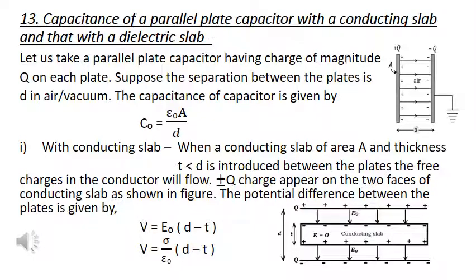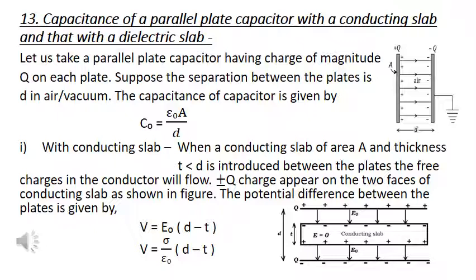As we know that the electric field inside the conductor remains 0, so the potential difference between the plates is given by V is equal to E naught into (d minus t).